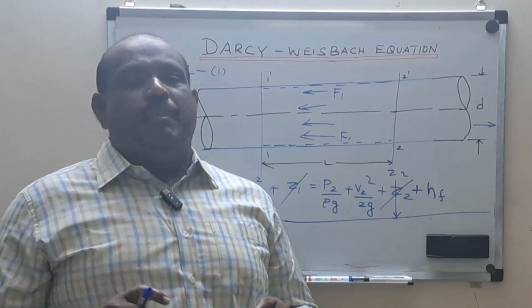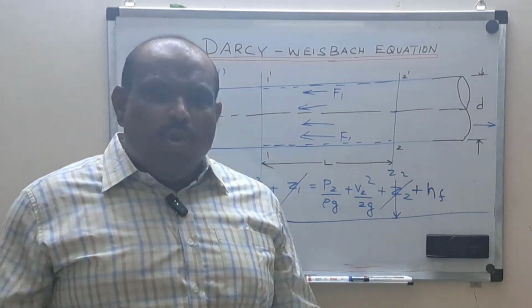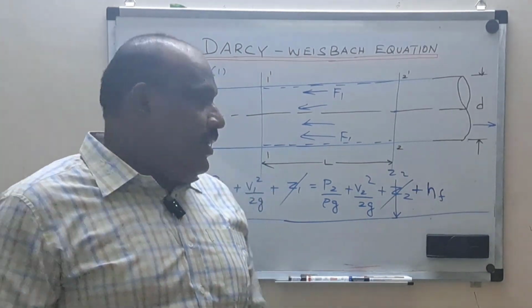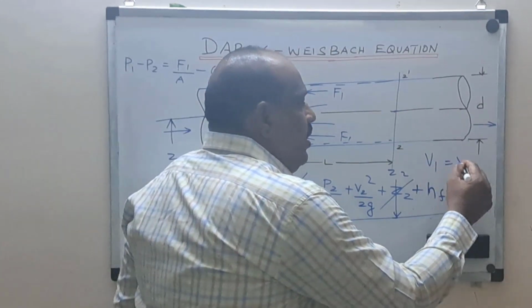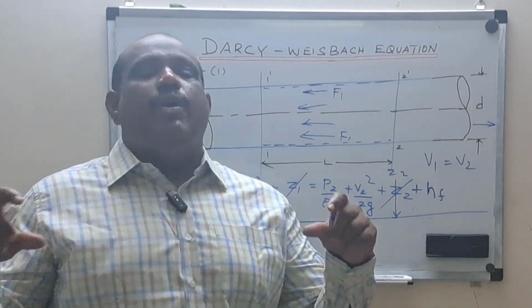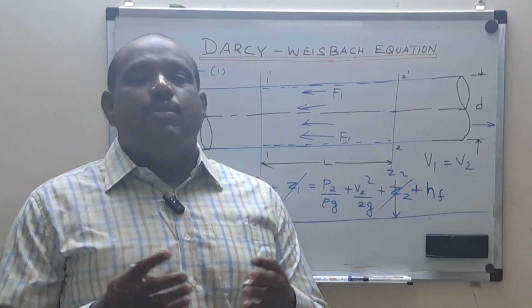In a uniform pipe, mostly we consider there will be no change in the velocities. That is, V1 will be equal to V2. I'll repeat the point. When the flow is happening through a uniform pipe, there is no chance that the velocity will decrease. It's almost the same.